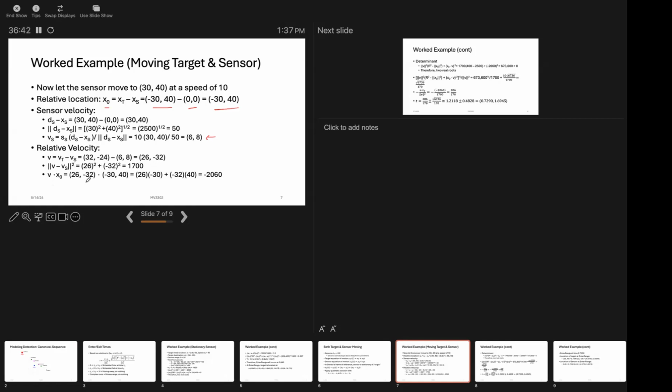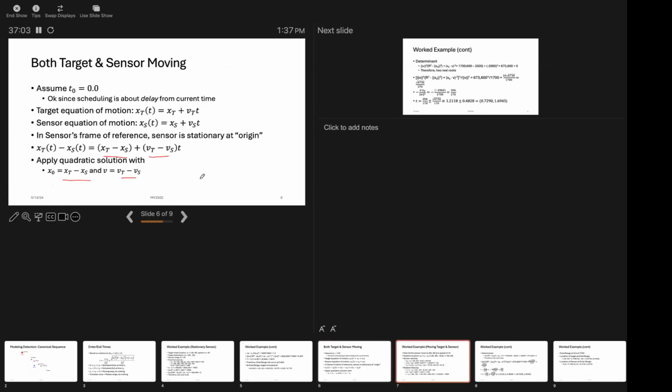And the inner product now, now we have it, so it's 26, minus 32 dotted with minus 40, which was the relative location. And so that turns out to be minus 2060. So that means that there's a chance that we'll actually have a hit.